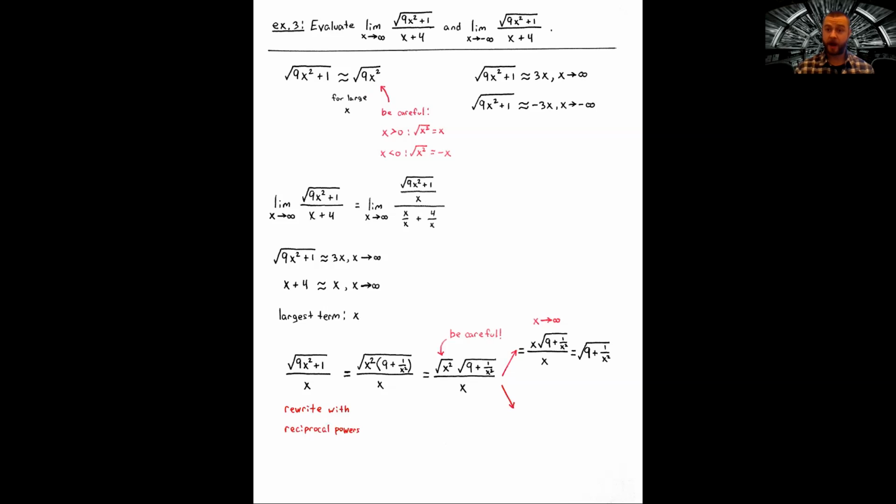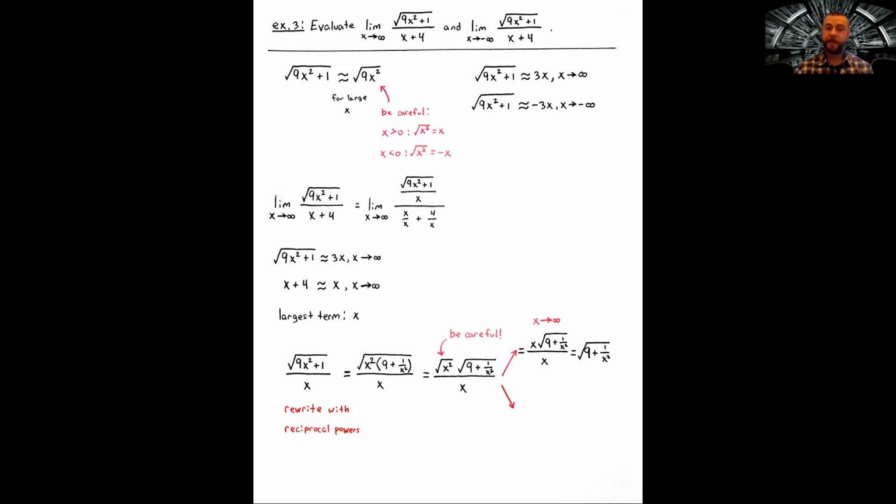That's the upper path there for the simplification, the case when x is positive, since x is approaching positive infinity here. And notice x divided by x cancels out, leaving us with the square root of 9 plus 1 over x squared. We're going to put that back up in the numerator there, in the middle of the page momentarily.